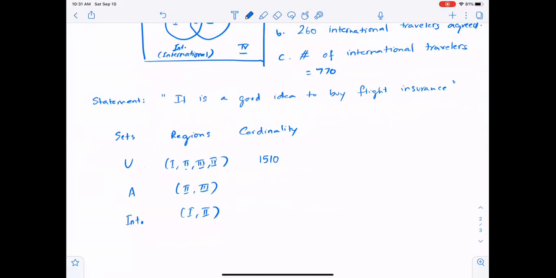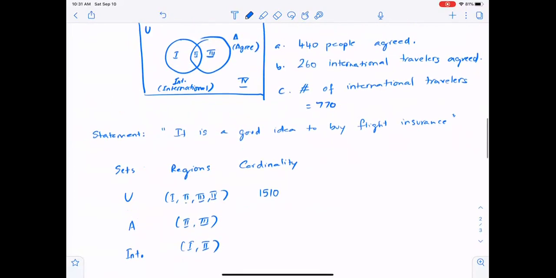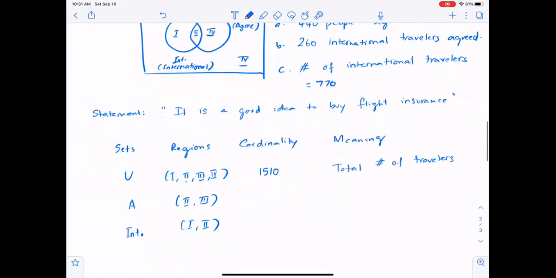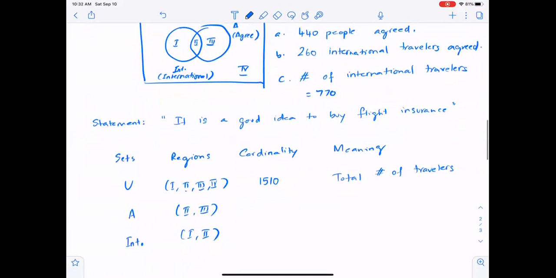And A would be those who agreed. So I'll write the meaning on this side. U is the total number of travelers, which would include both domestic and international. The set A would correspond to travelers who agreed with the statement.